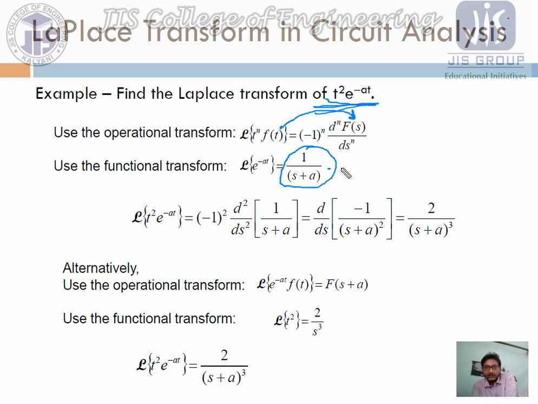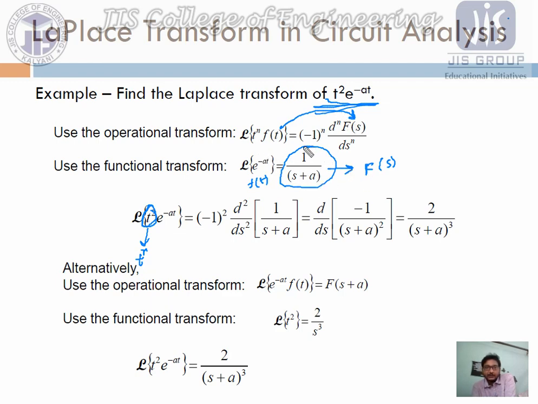So this portion is F of s, and e to the power minus at is f of t, and t square is t to the power n. Here e to the power minus at is f of t, whose Laplace is F of s, that is 1 by s plus a.